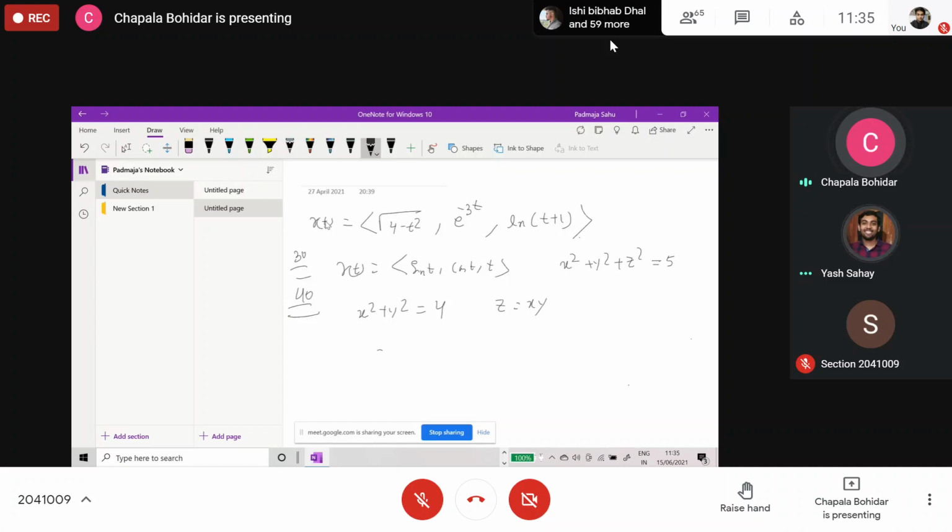The question is asking to find a vector function. So r(t) equals 2 sin t, 2 cos t, and 4 sin t cos t. That I can write as 2 sin 2t.